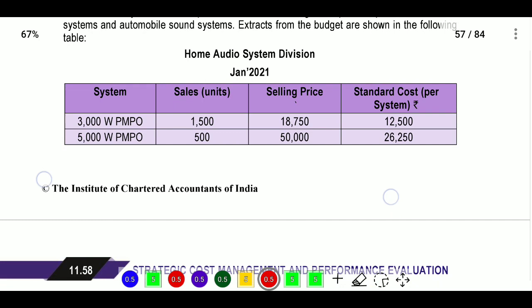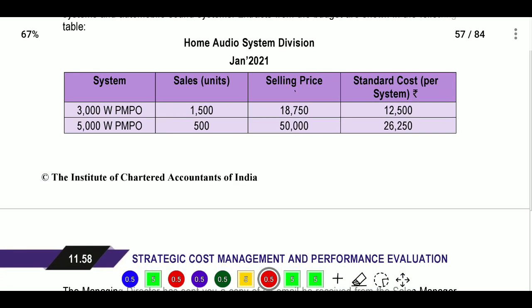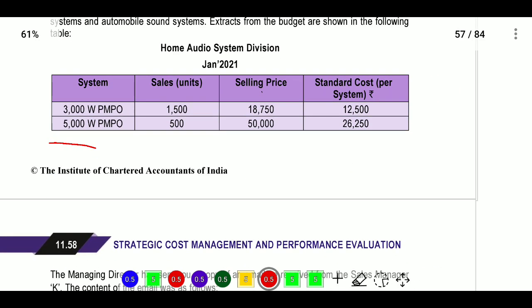So they have the home audio system division. What is there here? They provided that for the 3000 W PMPO, sales will be 1500, selling price will be 18,750, and standard cost will be 12,500.